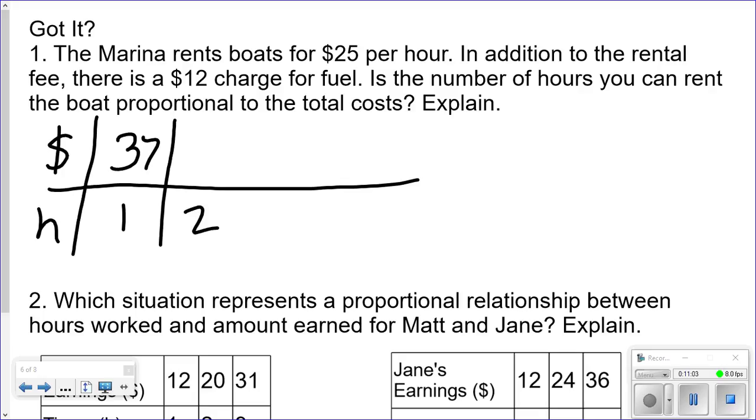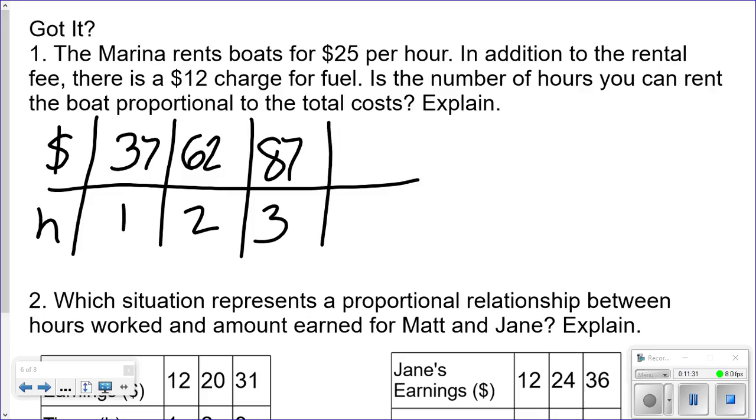That gives you $50. That fuel charge is a one-time fee, so it's 50 plus 12, and that gives you 62. For hour 3, you need to do $25 times 3. That gets you 75. Add 12. You're now at 87.